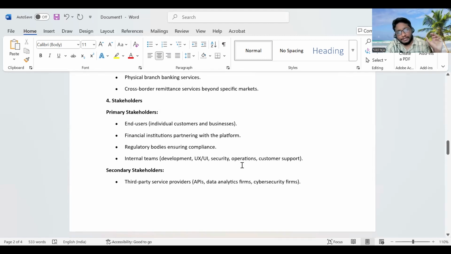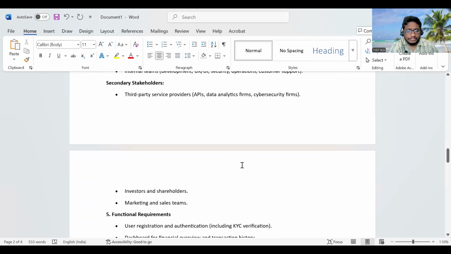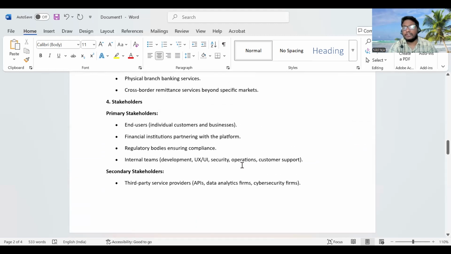Next is stakeholders. In the previous BRD, I did not categorize the stakeholders into primary and secondary stakeholders. I just gave the stakeholders, right? Those who will be impacted by, building, and using the product. Now I have categorized them into primary and secondary stakeholders. Primary stakeholders are the ones who will be working with the front end of your app or software. For example, end users.